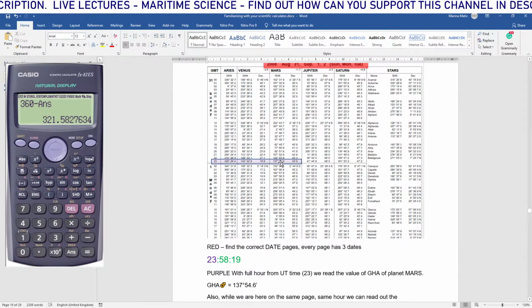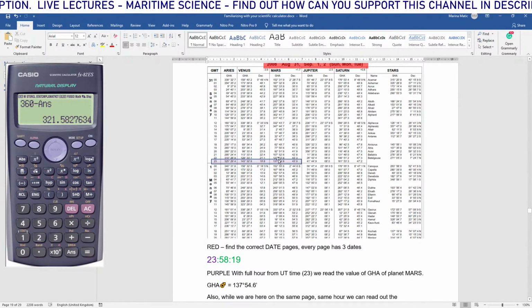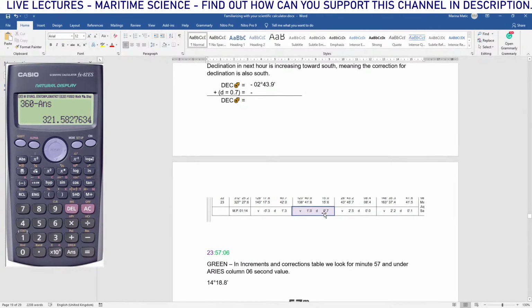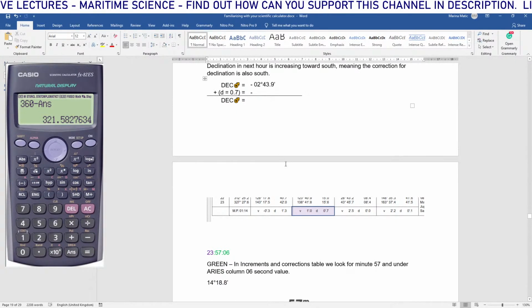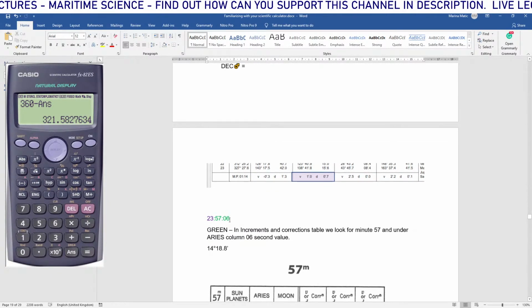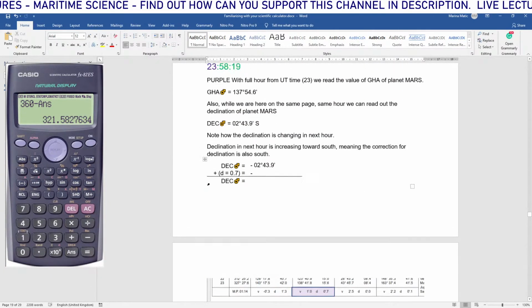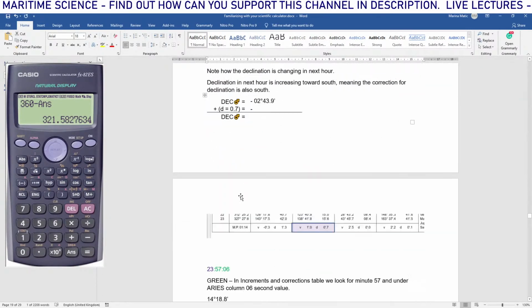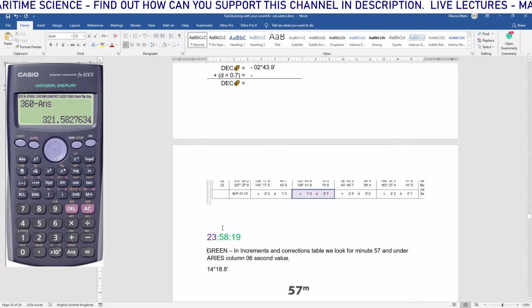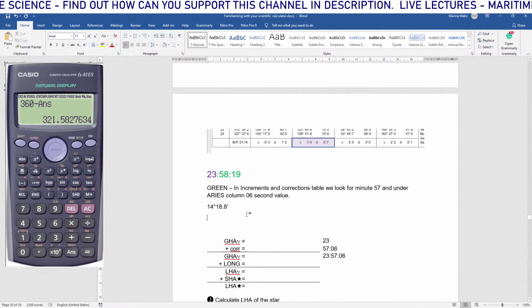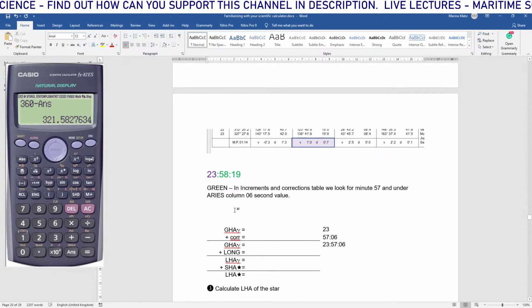We have Greenwich hour angle, we have declination, and on the bottom, we have the V value and D value. D value is for declination, V value is for Greenwich hour angle. So the purple one is 58.19, so let's get 58.19 here. So 57 is not valid anymore, I don't need that.